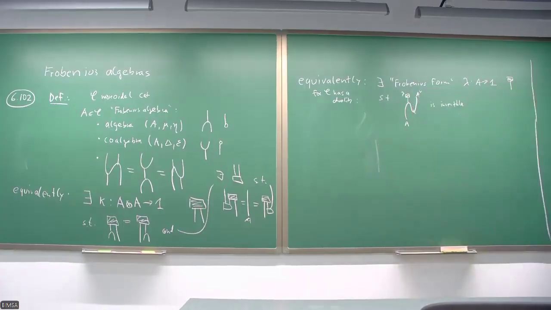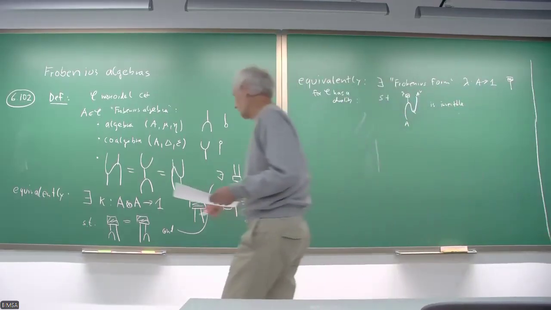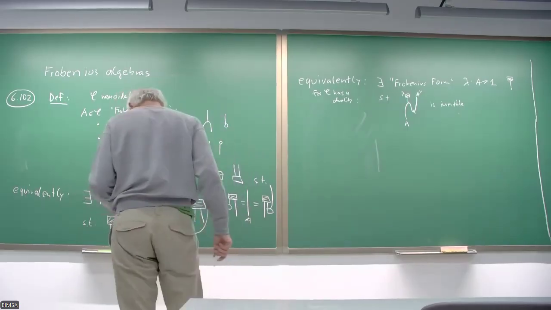And the relation to kappa is by composing this with the product here, such a bilinear form.